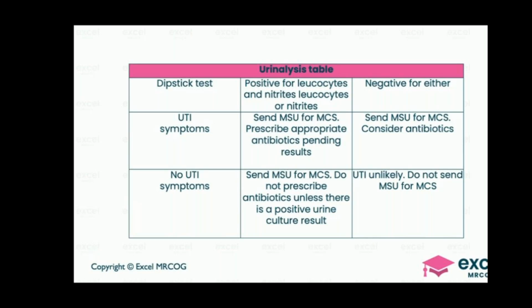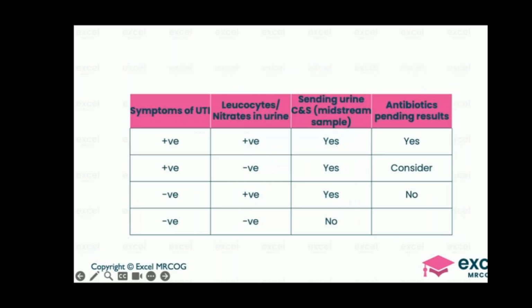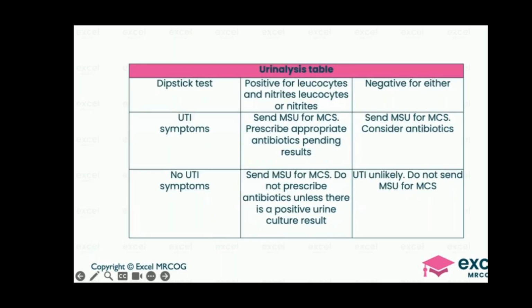Midstream urine is basically, see, when you say MSU, all right, MSU is the midstream of the urine that is collected in a sterile bottle. It is to be collected in the sterile bottle for culture to know what bacteria are growing. Okay, so it is to be collected for culture sensitivity.